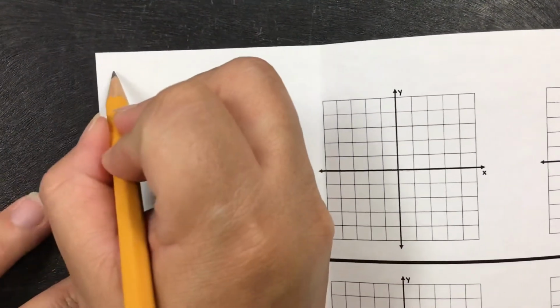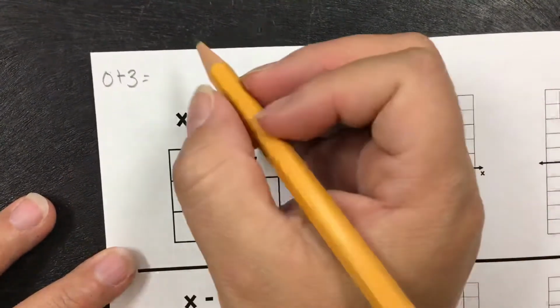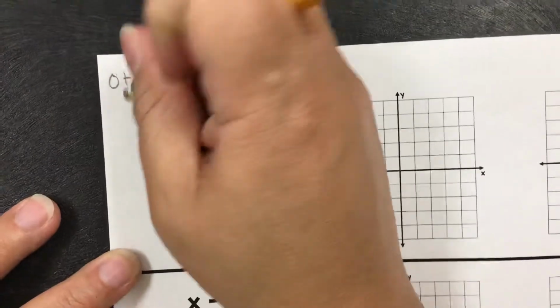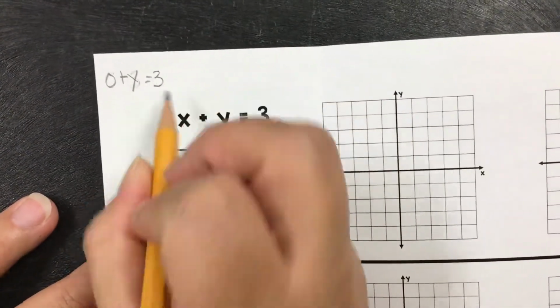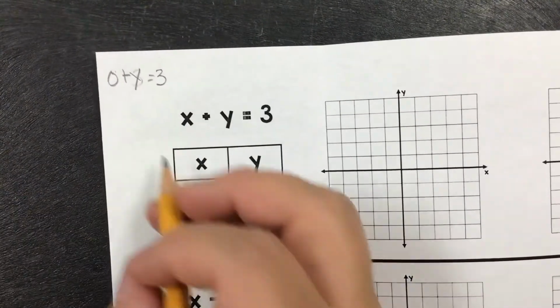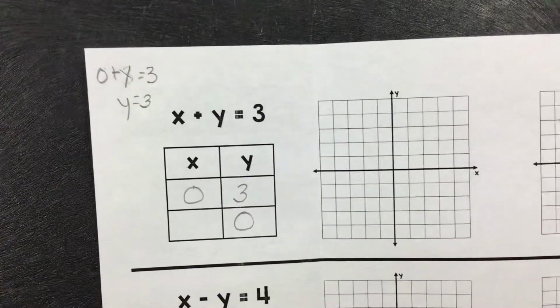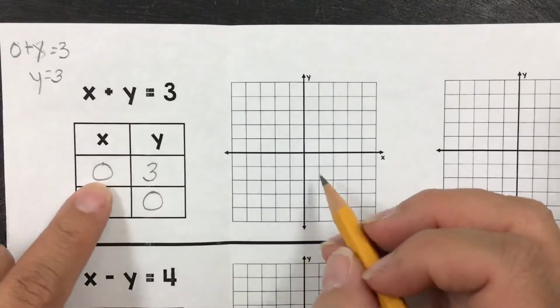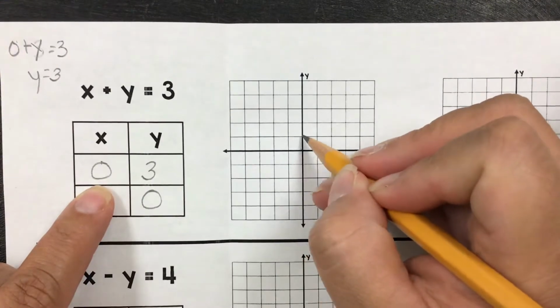So that would be 0 plus y is equal to 3, sorry, got ahead of myself. Y is equal to 3, because we put the 0 for the x. Y is equal to 3, so that means that's the ordered pair. To plot the point, you say 0 on the x and 3 on the y.